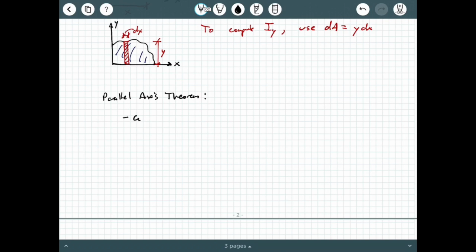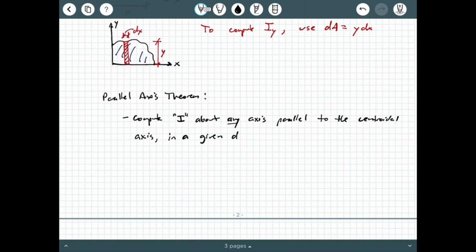So let's write that down. We're going to say compute I about any axis parallel to the centroidal axis in a given direction.